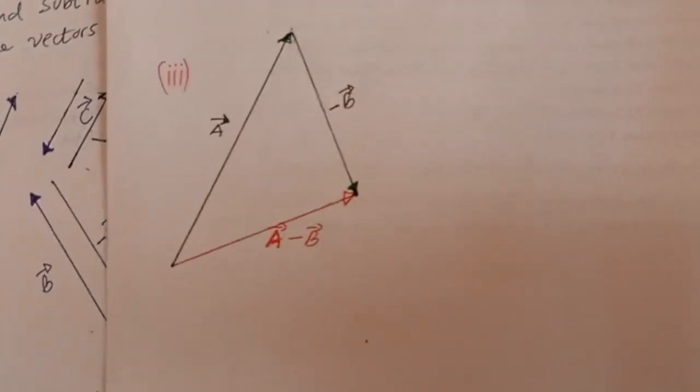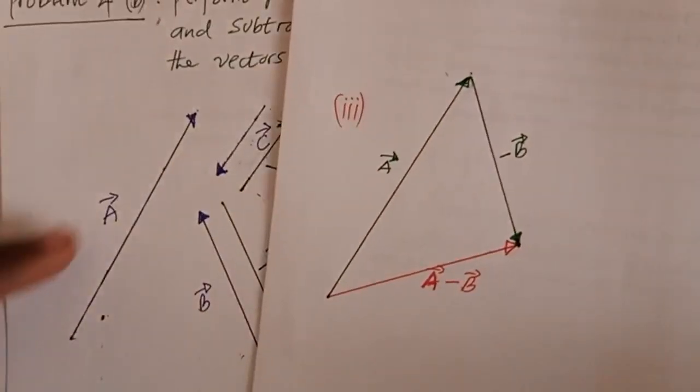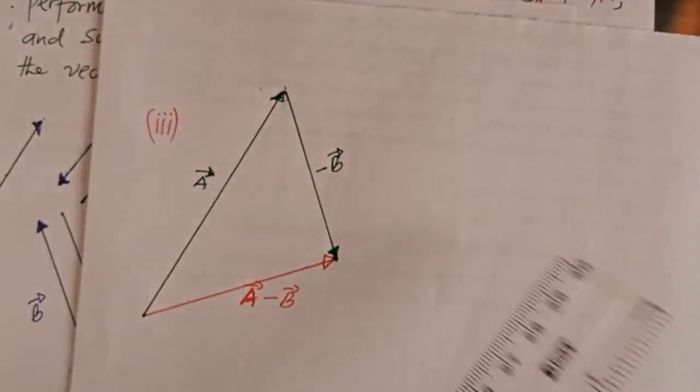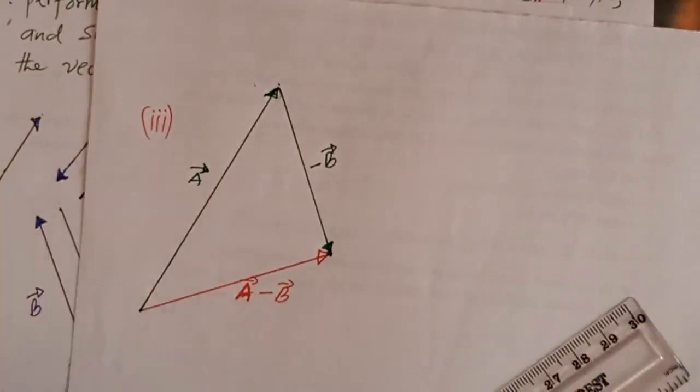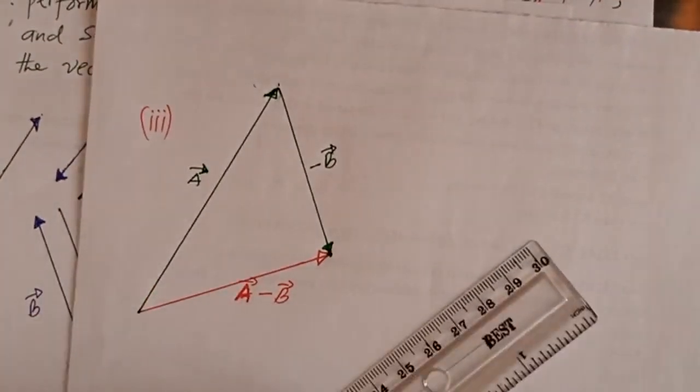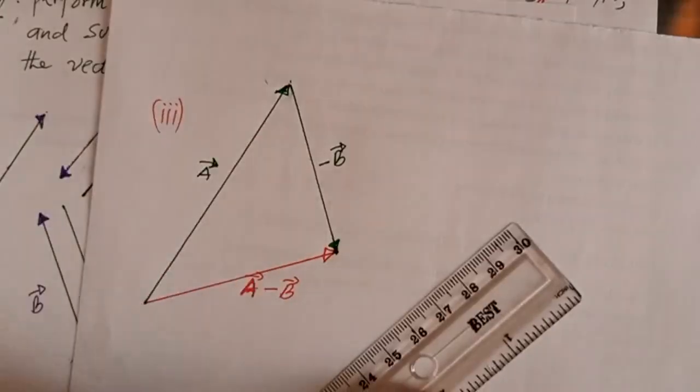Next, I will now add A to B. This is my A and this is my B. So what I did in one, I will repeat that. So I will have my A here.